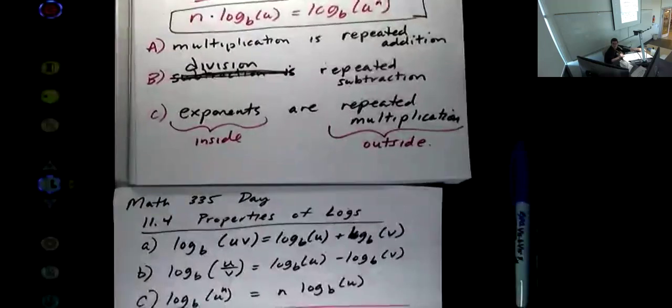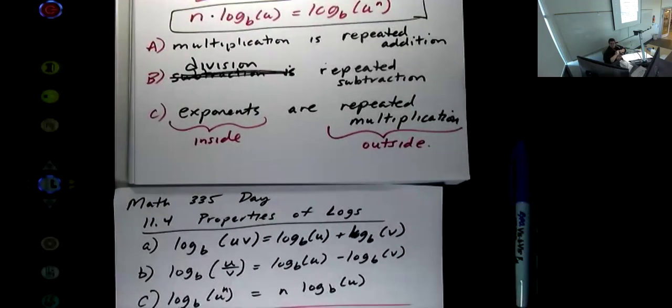Maybe I'll do it like this. Multiplication on the inside, addition on the outside, division on the inside, subtraction on the outside, exponents on the inside, multiplication on the outside. It kind of takes arithmetic and uses it. It's kind of neat. I don't know if that's going to help you remember it, but it might.